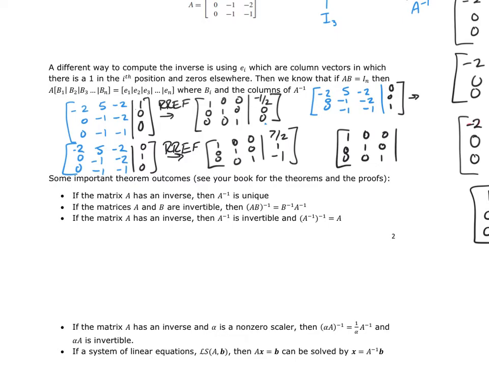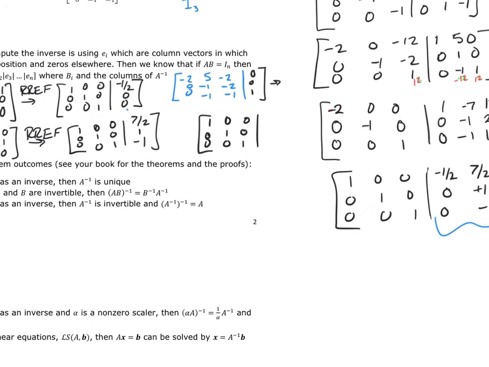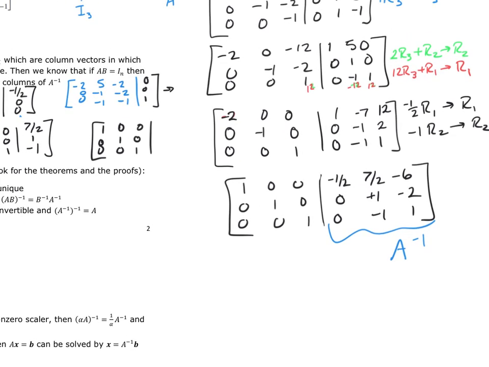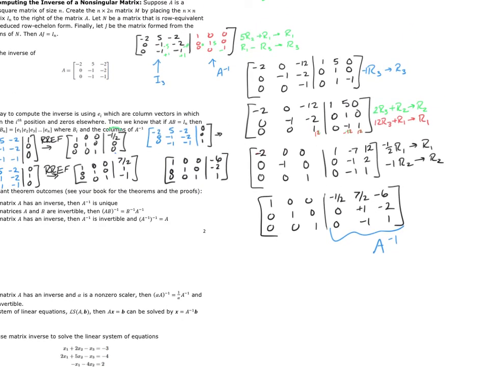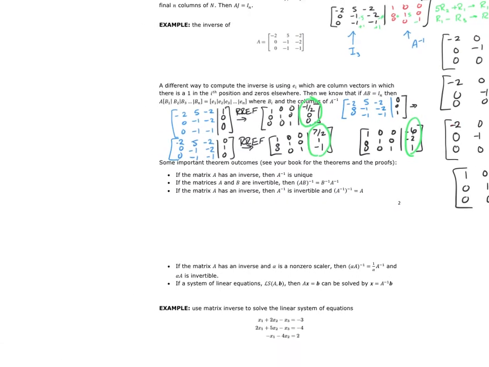On the right-hand side, I'm going to get my last column, which is negative 6, negative 2, and 1. So notice by doing it in this method, which is a lot of RREFing, this is my first column, this is my second column, and this is my third column in my inverse.